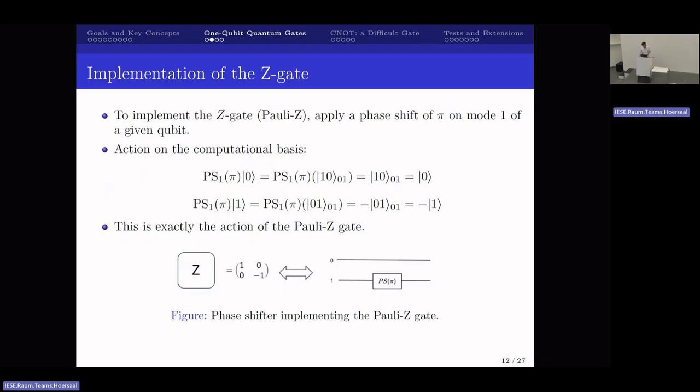In this case, we chose a phase shifter of pi, but this is something you can act on and calibrate. So you can make the S gate and T gate just the same way, just by changing the phase that is applied, and then you get the Z gate.